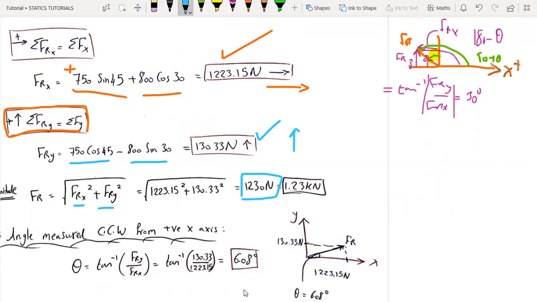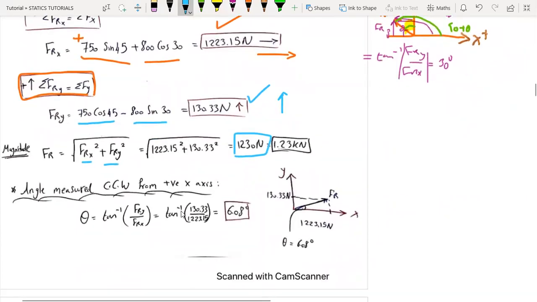Now, the angle measured counterclockwise from the positive x-axis will be what? Here our resultant force FR is in the first quarter. So here is our magnitude 1.23 kilonewtons. Here is the vertical component, and here is the horizontal component.